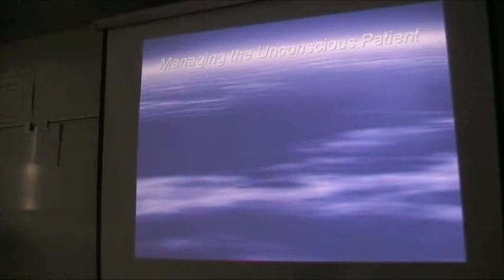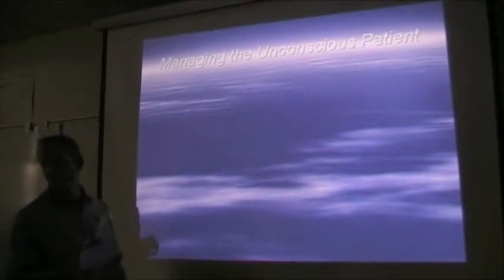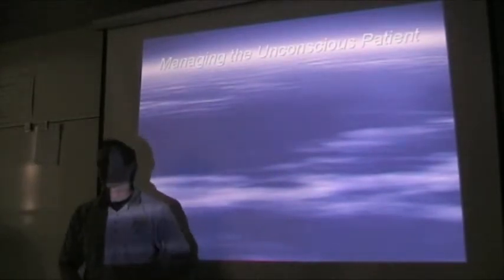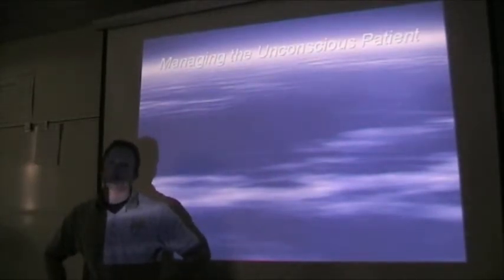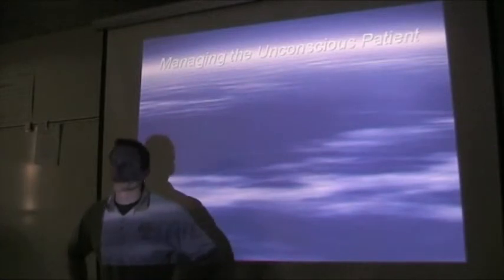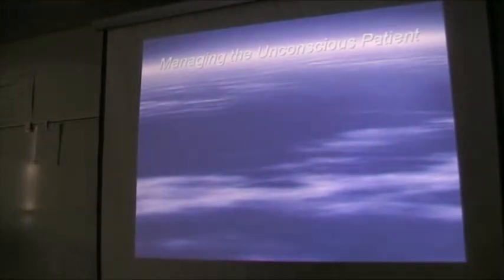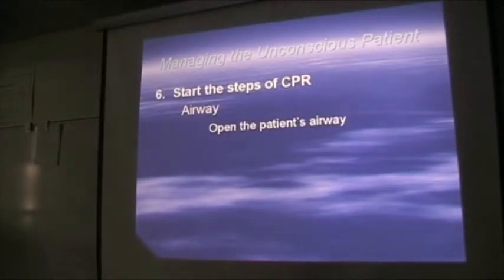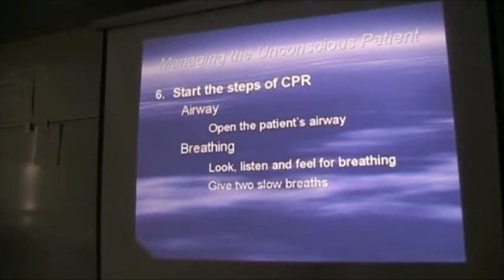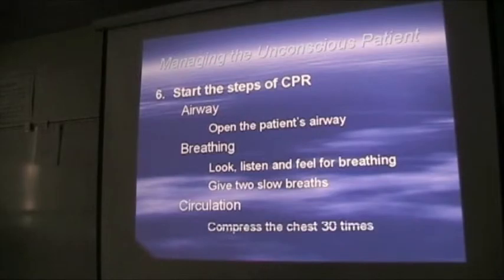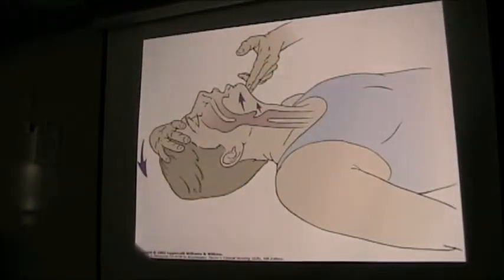Then, as far as managing the unconscious patient, as far as the care, what's the first step that you would take? First thing would be airway. Followed by what? Breathing. Followed by what? Circulation. And you can see it right there. Once again, just a quick review for you guys.